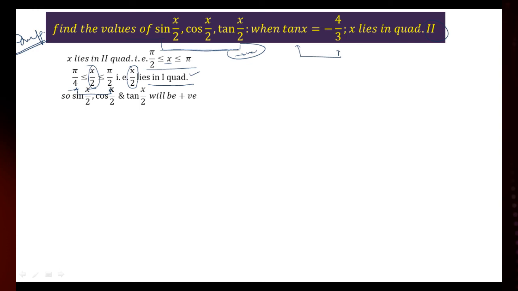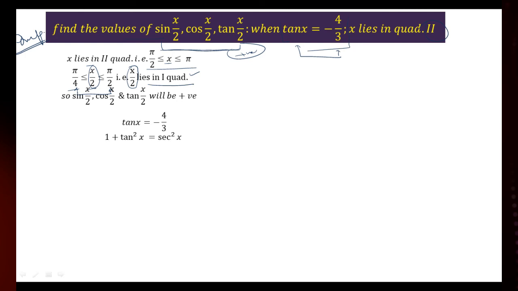Now to find these values, I will find cos x and apply some submultiple formulas. That will make my task easier. If I can find cos x, then I can easily find sin x by 2, cos x by 2 and tan x by 2. So for converting tan x into cos x, I know an identity that 1 plus tan square x is equal to sec square x.